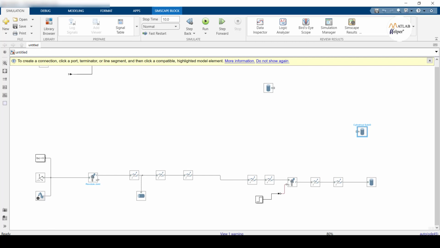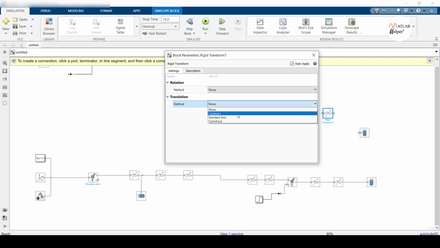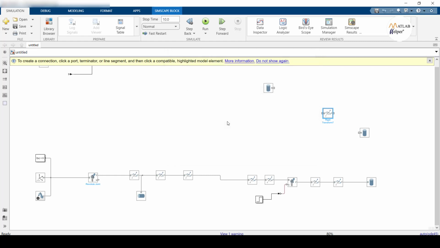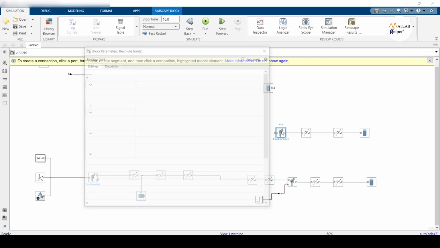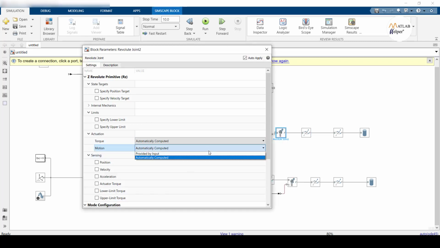Now for the left arm, take a cylindrical body, a rigid transform of 0, minus 0.5 and rotation of plus x and angle 90 degree. Revolute joint with automatically computed torque with motion provided by input.